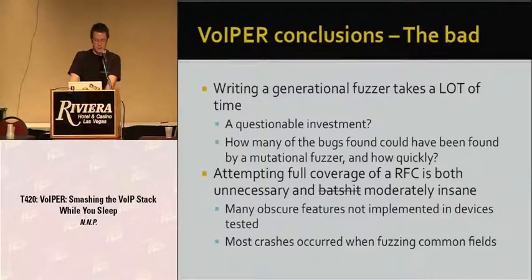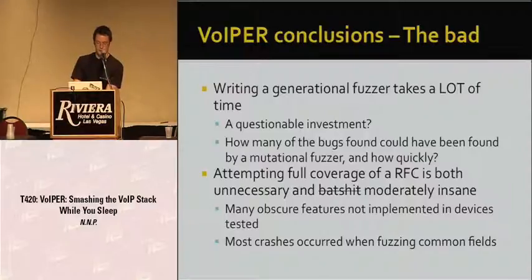So coming to the end of development of VOIPER, I realised I'd spent many hours on it, and the reason is that I decided to write a generational fuzzer, which means you map out the whole protocol in something similar to Spike or Sully or Peach, and it takes absolute ages to do, especially to the level I did.